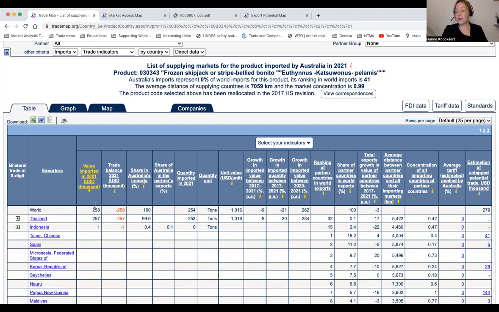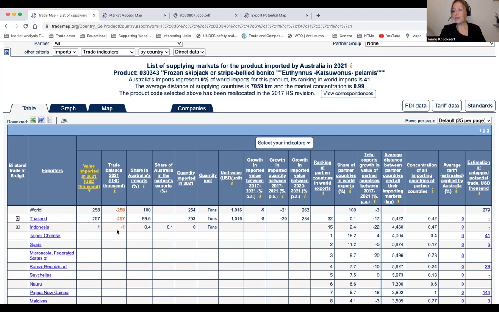Whenever you look into the numbers here, you need to think about 3 zeros behind the numbers. So it's always in US dollars, 1,000. So most of this comes from Thailand, and a little more than 1,000 will be coming from Indonesia.